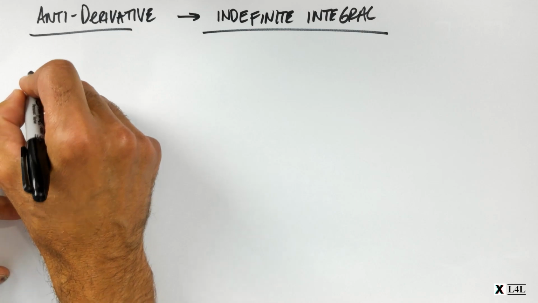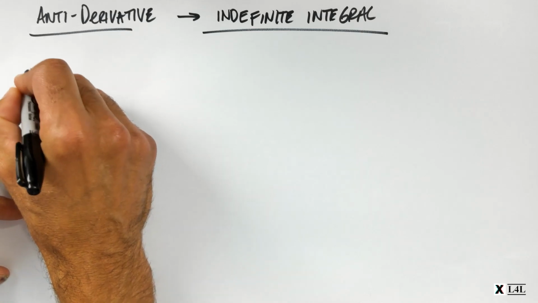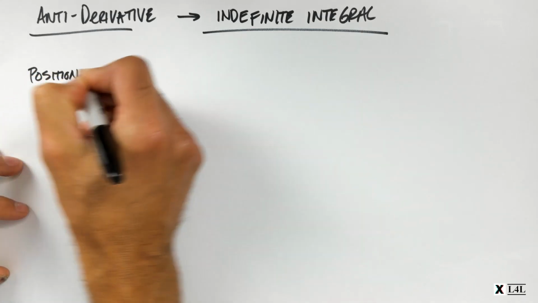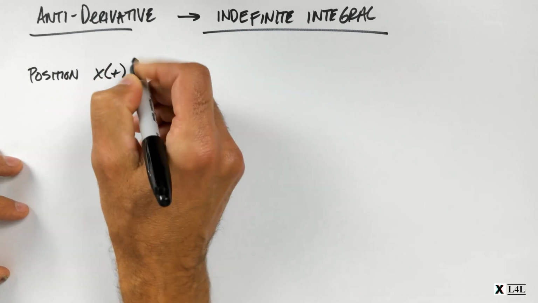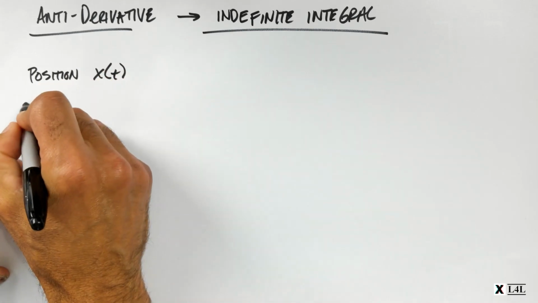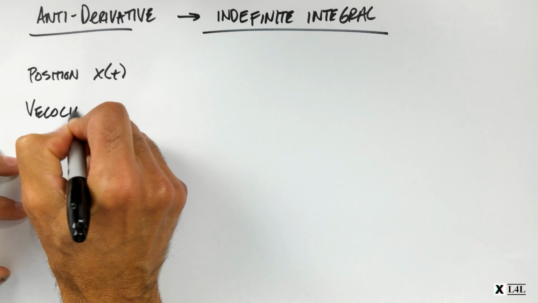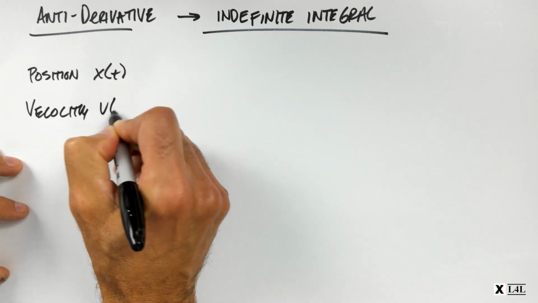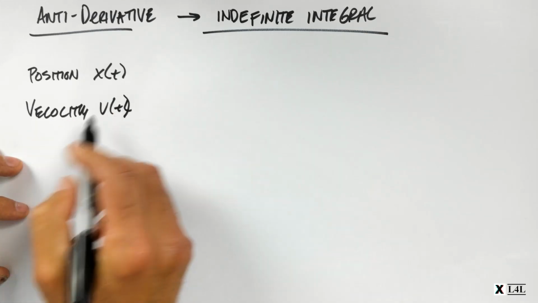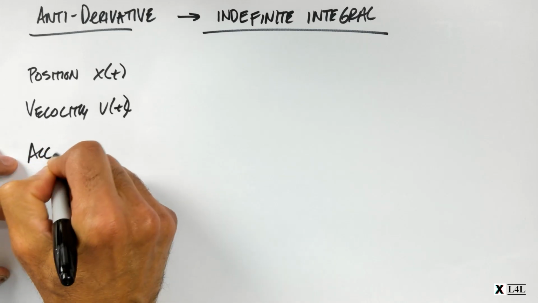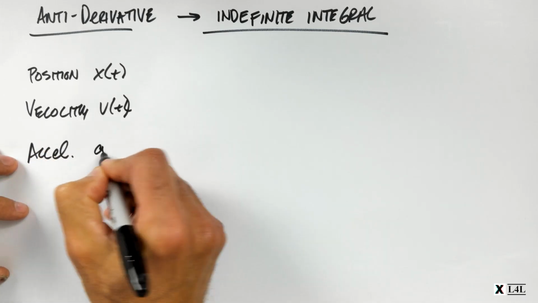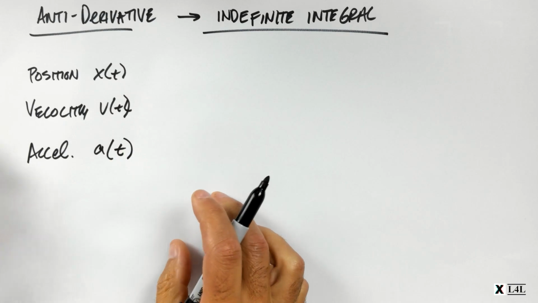Okay, so if I have position, with respect to time, and I have velocity, again, velocity with respect to time, and I have acceleration, where we have a function with respect to time.